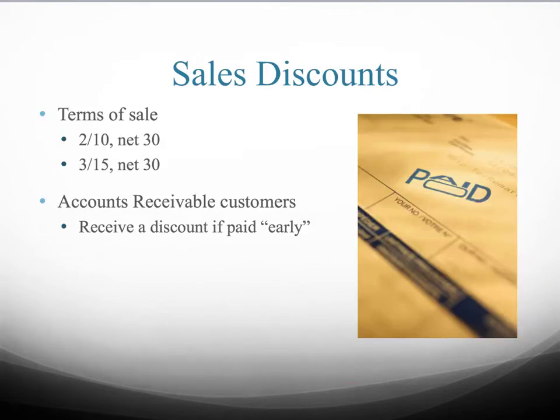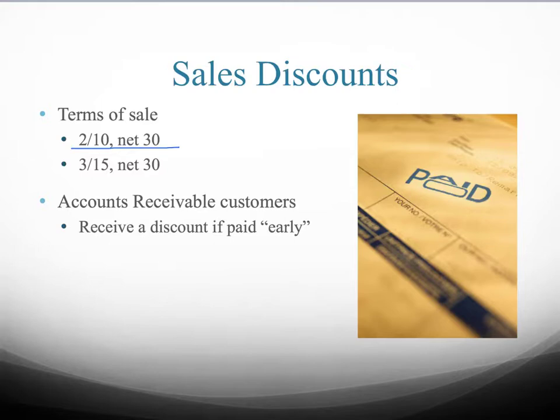Let's take a look at sales discounts. What is a sales discount? It's when I pay less for what I bought. There are some terms of sale with regards to sales discounts. Right here we have the term 2/10, net 30. What does that mean?